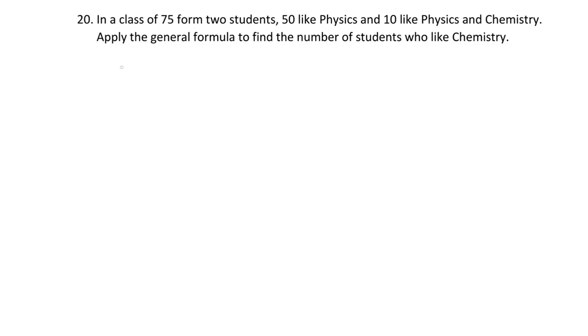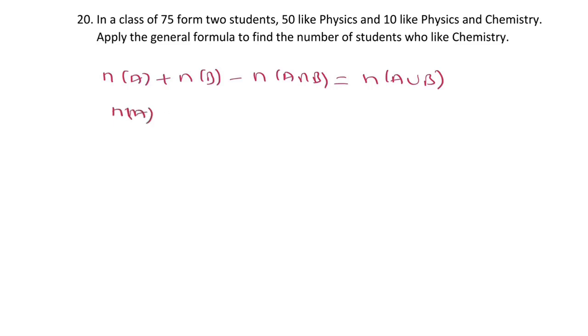Let us recall the formula, which says number of A plus number of B minus number of A intersection B equals number of A union B. Okay, so for this one, we are going to assume number of A equals those who like physics, which have been given as 50 students.